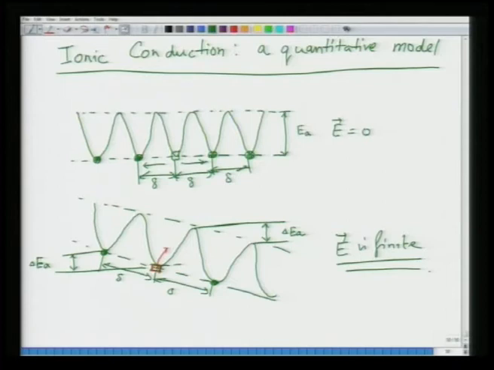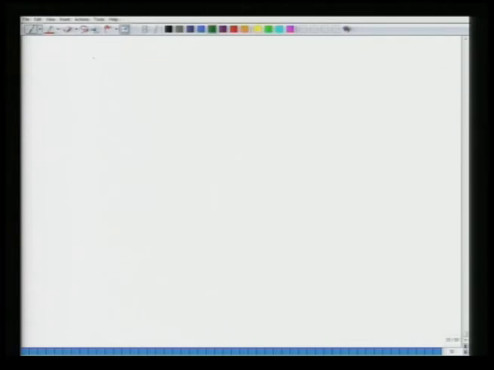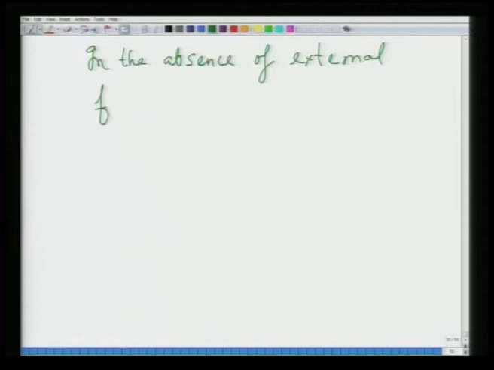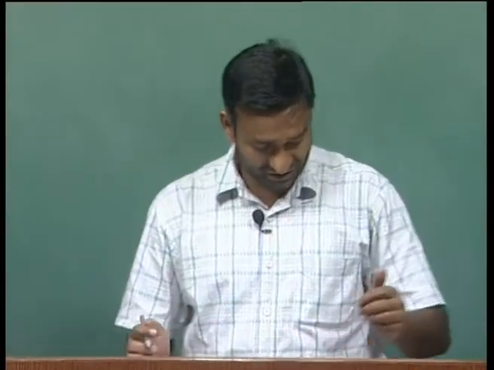First, in the absence of external field, what is the probability that the site can move to either side? According to Boltzmann statistics, the probability is equal because the barrier is equal.